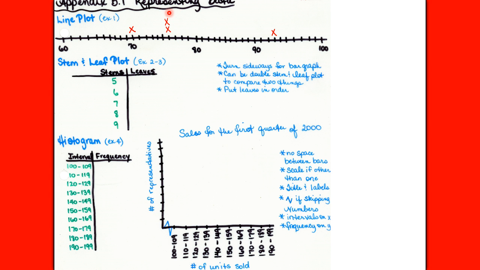If we put all of those test scores from example number 1 onto our line plot, it would look like this. Now I have a better understanding of this information because I can see the majority of the grades were kind of in here. I also would be able to see what number score occurs with the greatest frequency.